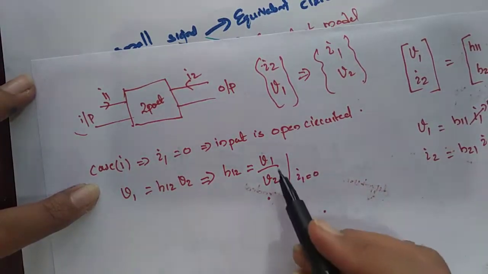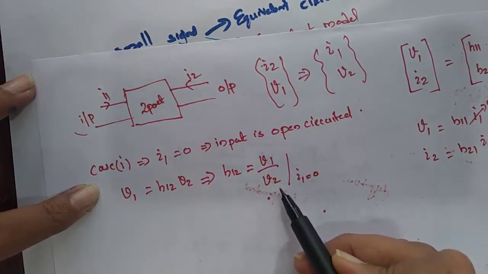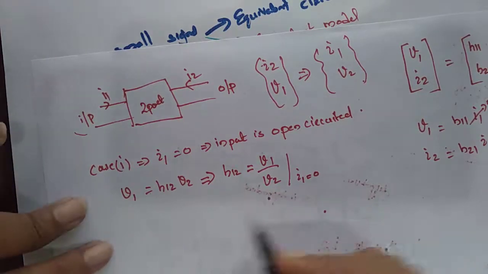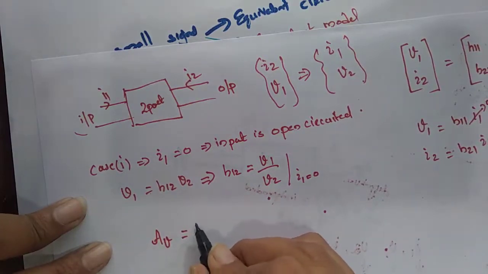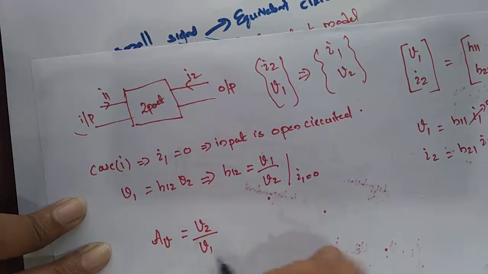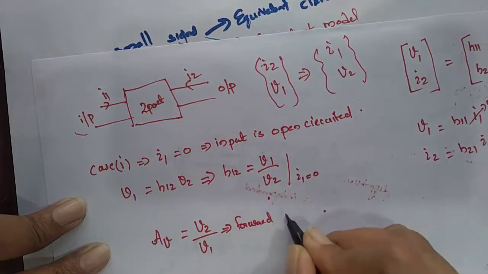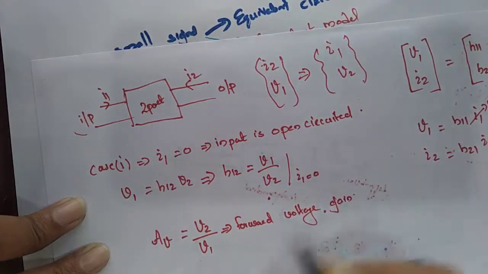What is this V1 by V2? V1 is the input voltage, V2 is the output voltage. So what is the ratio between input voltage and output voltage? We know that the voltage gain AV can be written as the output voltage divided by the input voltage. That gain we call the forward voltage gain.